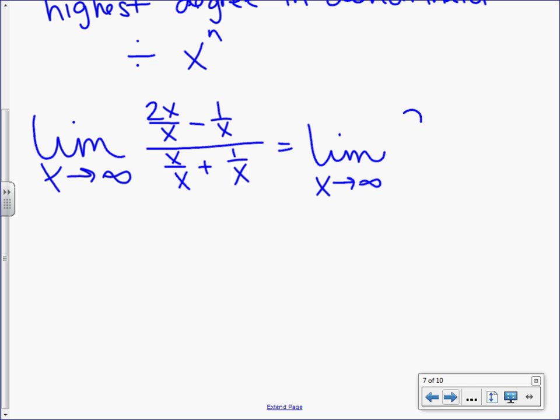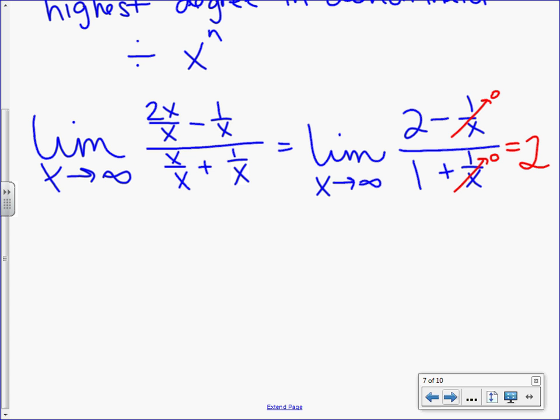Okay, we have 2 minus 1 over x over 1 plus 1 over x. And what happens with the limit as we go towards infinity of these 1 over x's? They become 0. And we're left with 2 over 1.